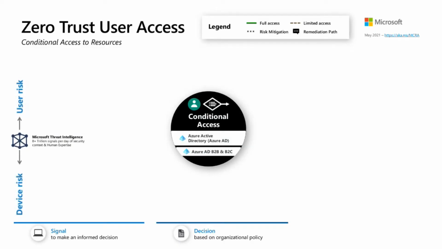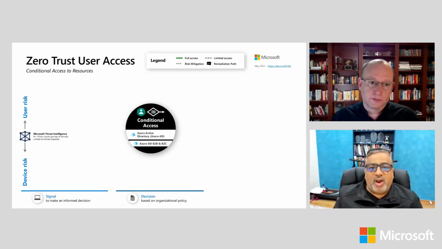So Abbas, did you want to talk us through user and device risk? Yeah, absolutely. Thank you, Mark. So two critical areas are really important when we talk about Zero Trust along with user access. The first part is the user risk. How are we going to get this user risk, and what are we trying to achieve here?